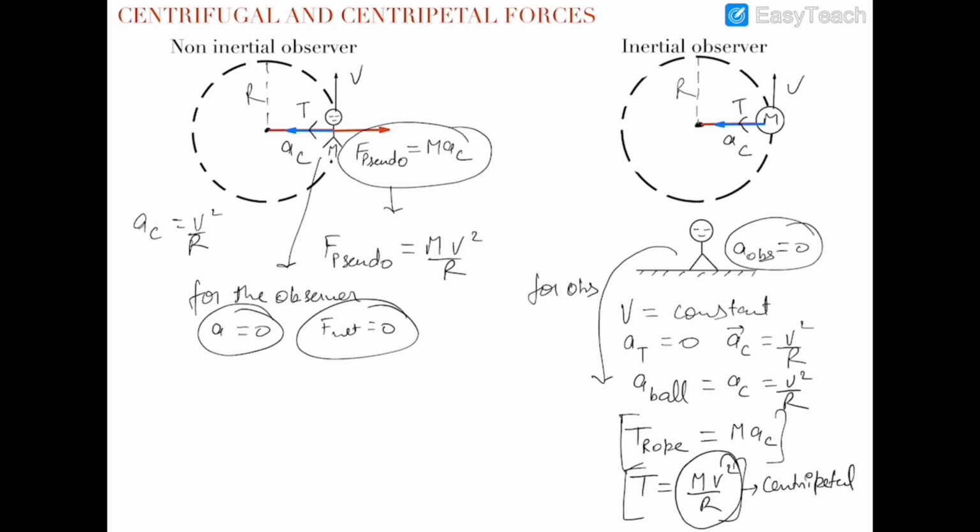So he will say that the net force acting on him is zero, and therefore the tension force acting towards the center will be balancing the pseudo force F pseudo, and this F pseudo will be equal to m a c, which is also equal to mv square by r. So this tension will be equal to mv square by r.